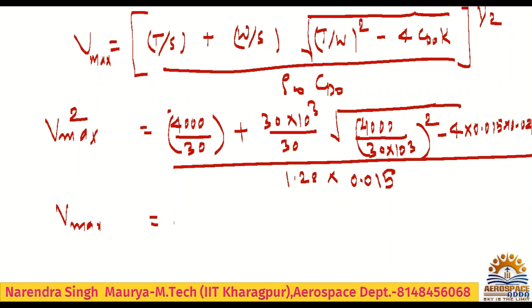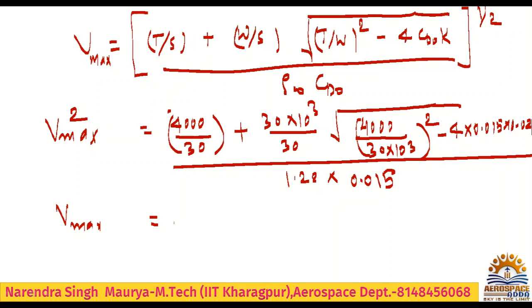Then we will take the root of it, 0.127, then multiplied by 30 into 10 to the power 3 divided by 30.